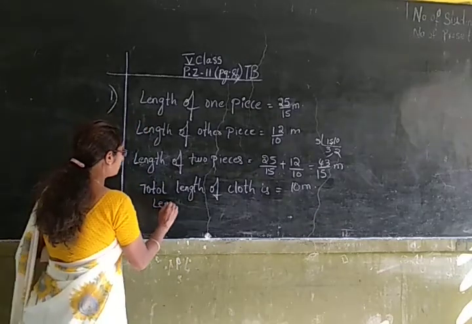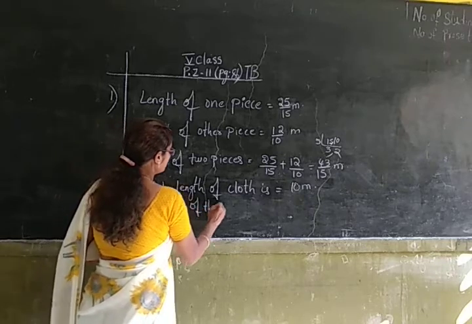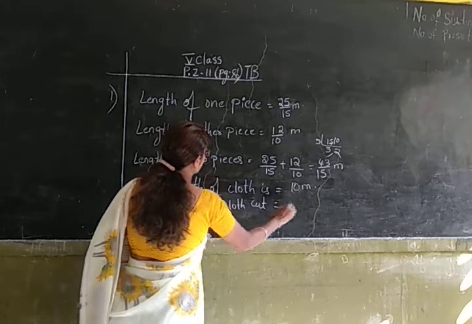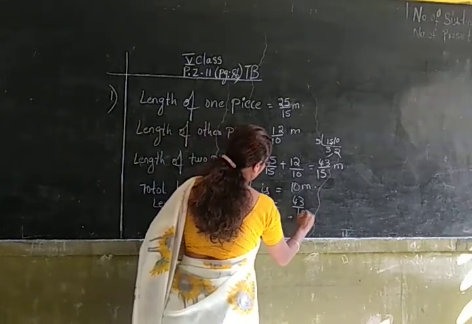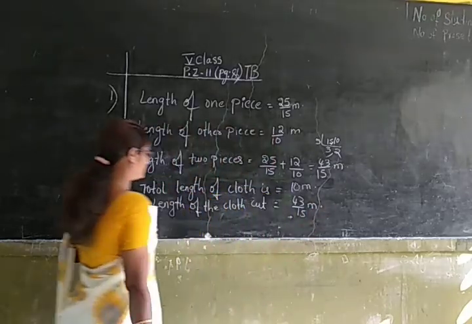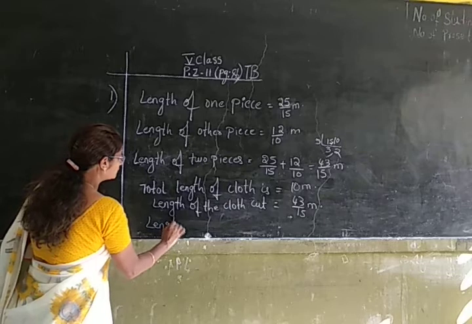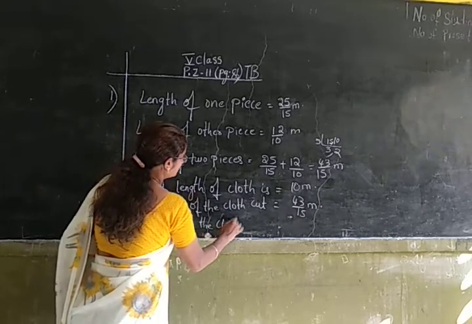The length of cloth cut is 43 by 15 meters. Now let us find out the length of the cloth left.